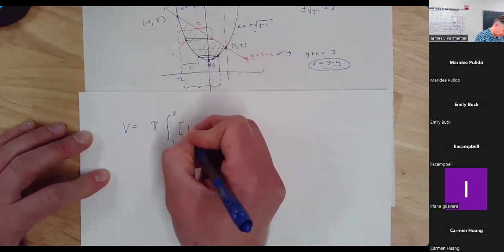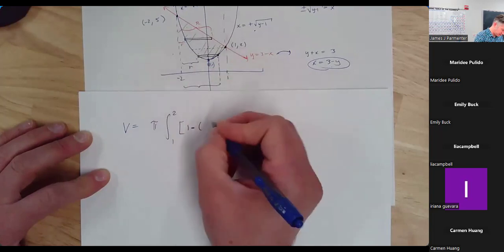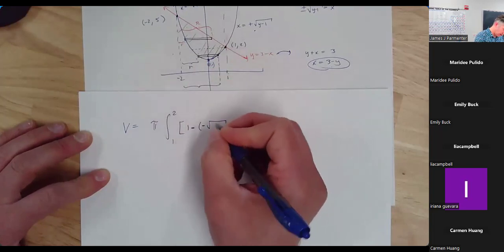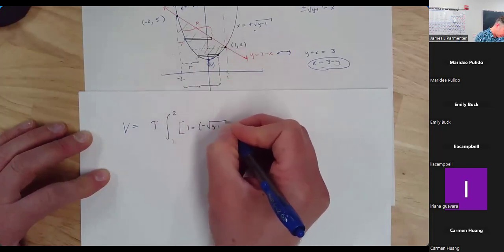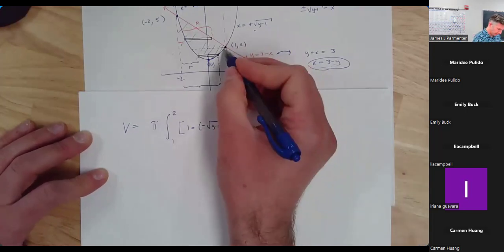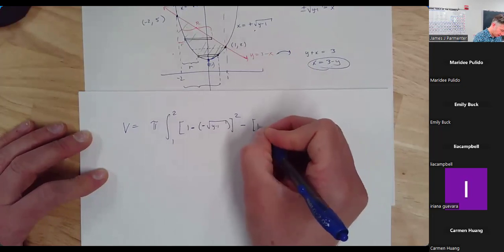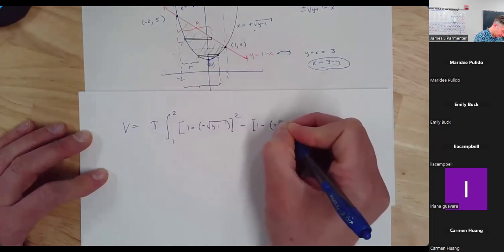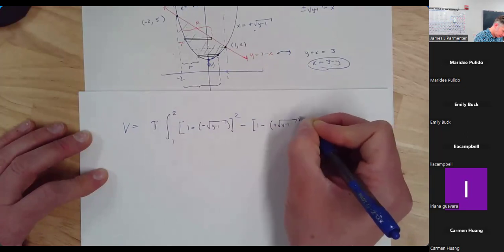So it's going to be 1 minus the further away function, which is the negative square root of y minus 1 quantity squared, minus the inner radius, which is 1 minus the closer function, which is 1 minus the positive square root of y minus 1 quantity squared.